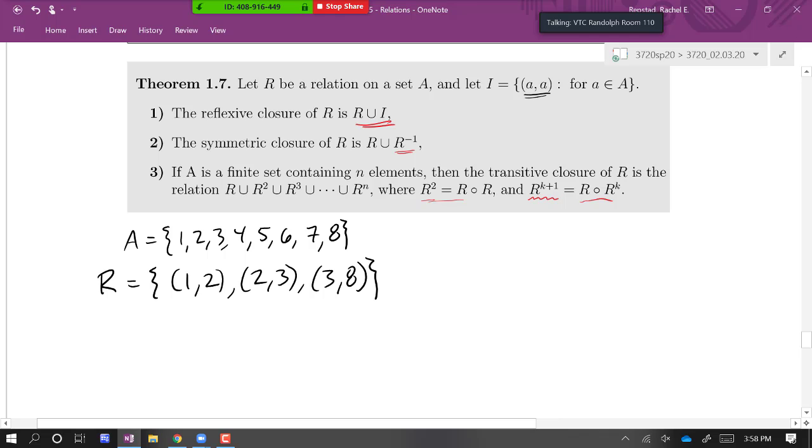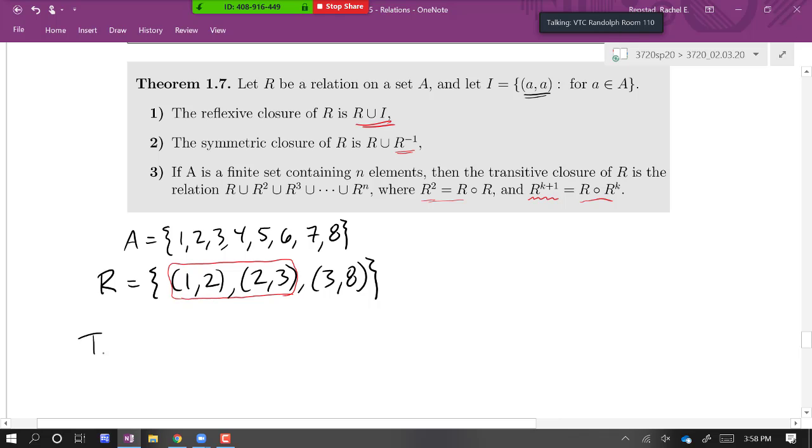So note that in this relation, we have 1 is related to 2, and 2 is related to 3. If this were transitive, what would also have to be included, given that those two ordered pairs are in the relation? 1 is related to 3?